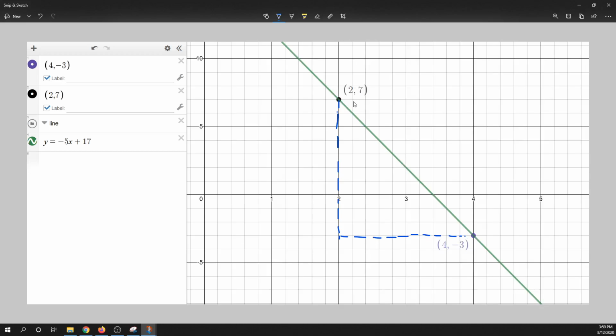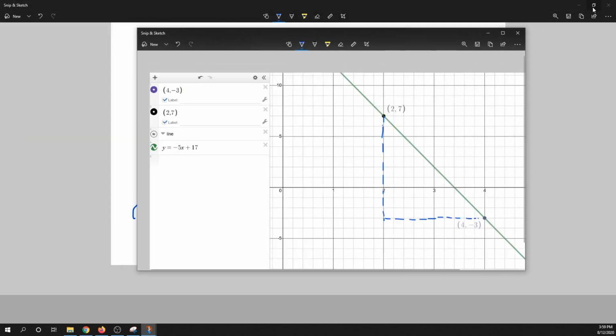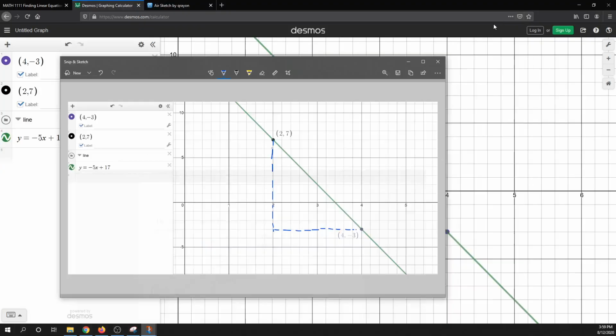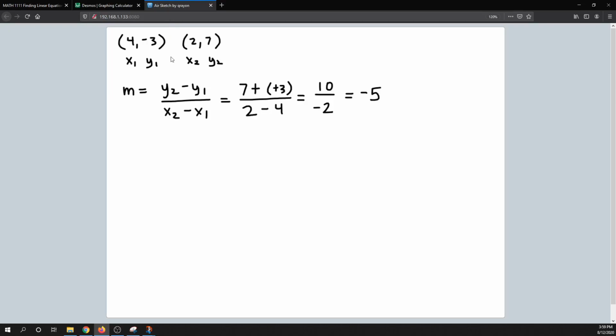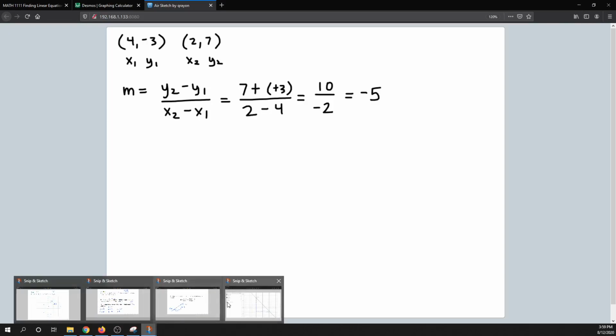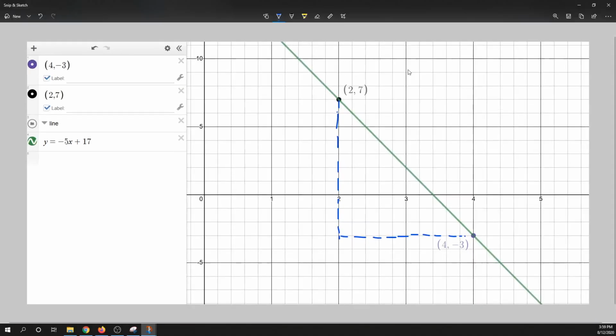And then when we made that calculation, on top of the fraction we had 7 minus a negative 3, right? So 7, right, was this point right here, 7. And negative 3 was right here. So we did 7 minus a negative 3. And really what we were calculating there was how far is it from negative 3 to 7. It was 1, 2, 3, 4, 5, 6, 7, 8, 9, 10.